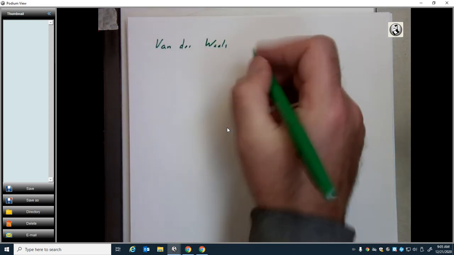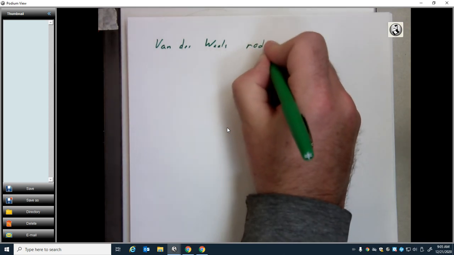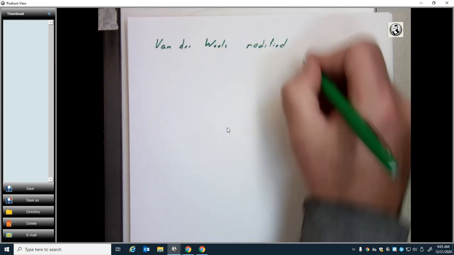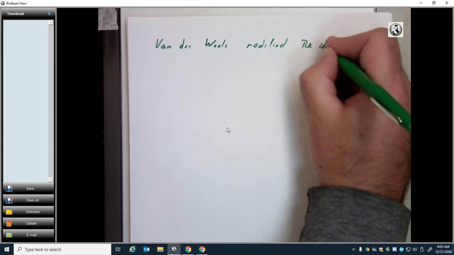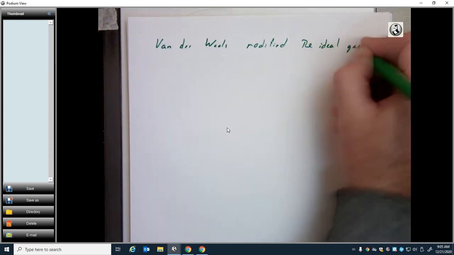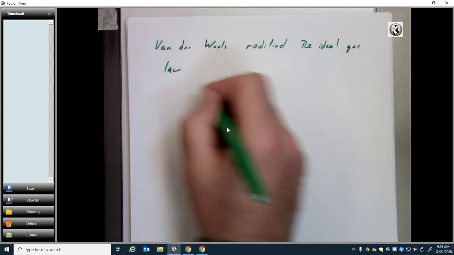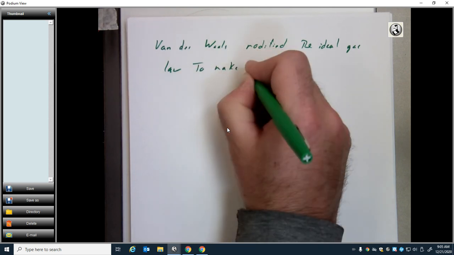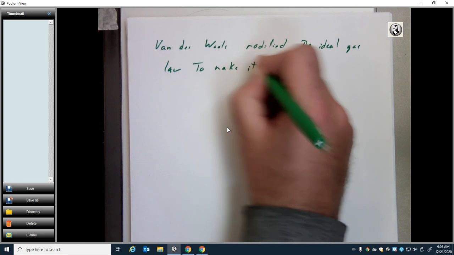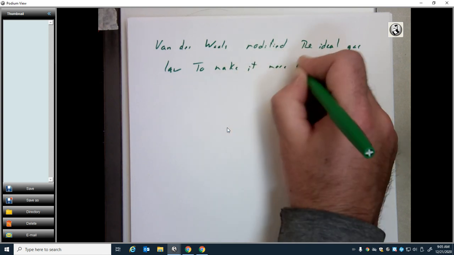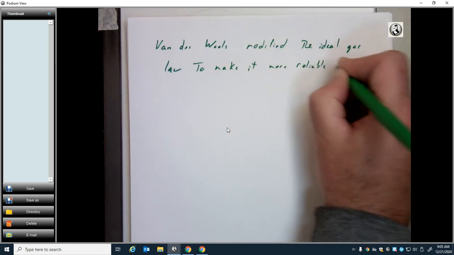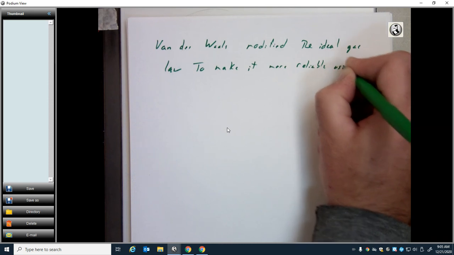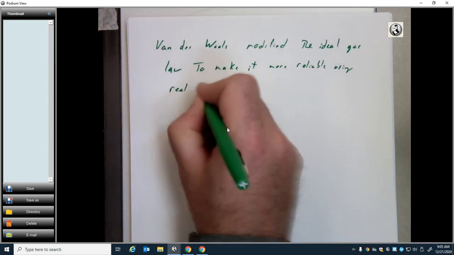Okay, so van der Waals modified the ideal gas law to make it more reliable using real gases.